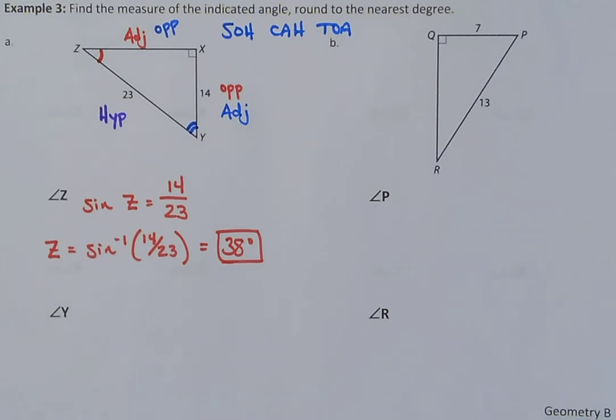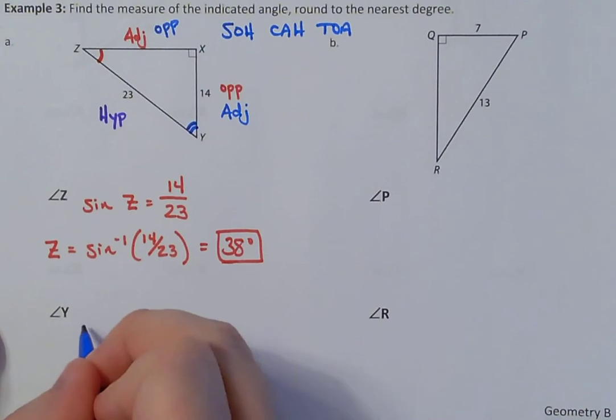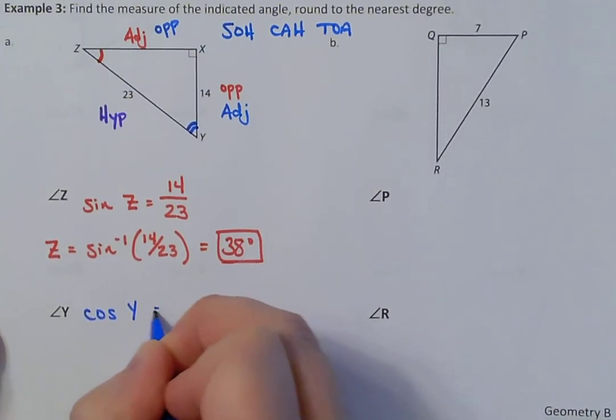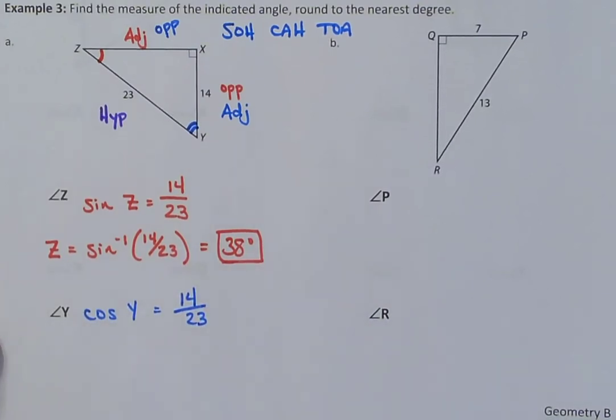Which trig ratio uses A and H? The only one that uses A and H is cosine because of the CAH. So we would do cosine of Y equals 14 over 23, because it's adjacent 14 over hypotenuse 23.